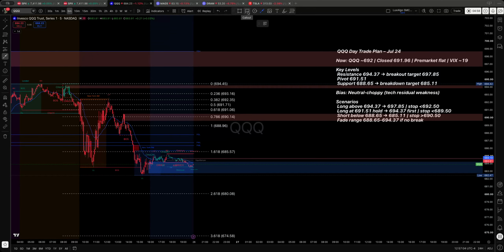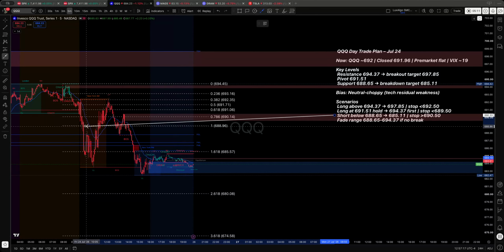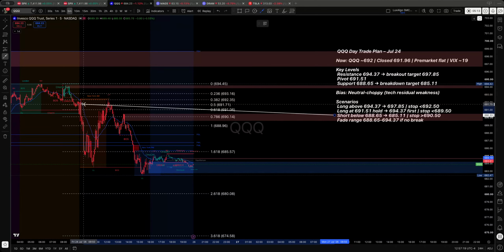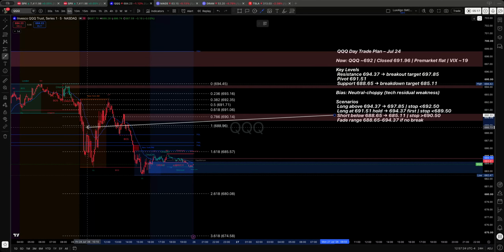Then I'm thinking I'm going to short the open. So, short below 688.65. You don't have to obviously short the open, even if you're waiting for a breakdown of support.